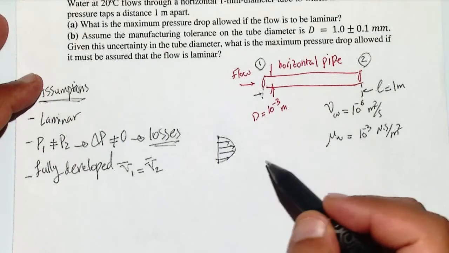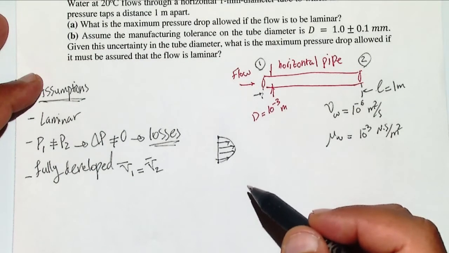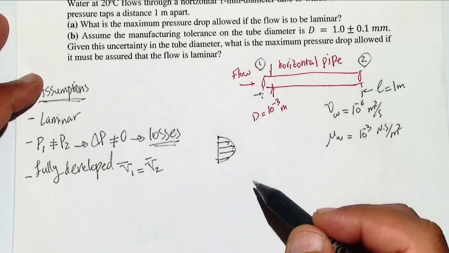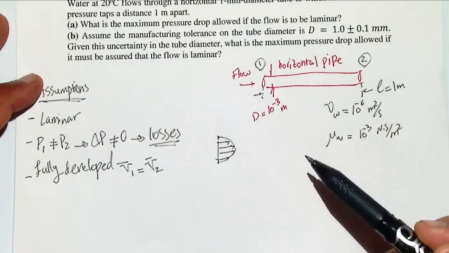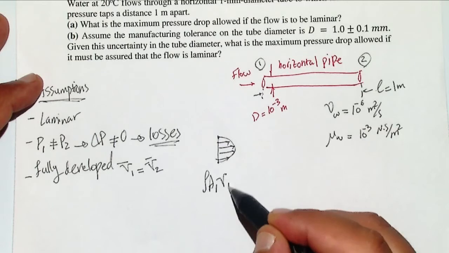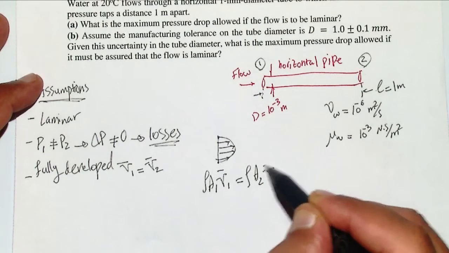You can use rho AV only when you use the average velocity. So rho A1 V bar 1, and A1 is absolutely the same as A2 because the diameter is constant. Then rho A1 V bar 1 is equal to rho A2 V bar 2.